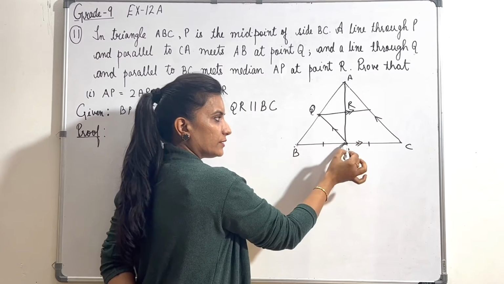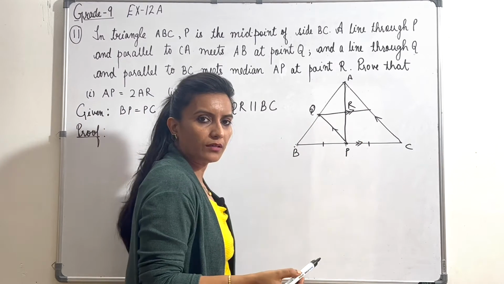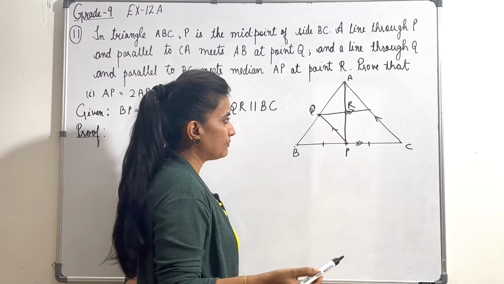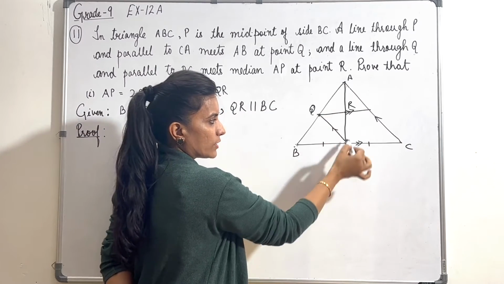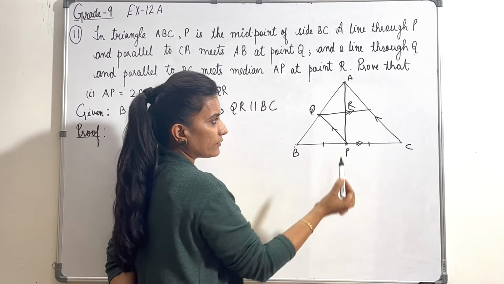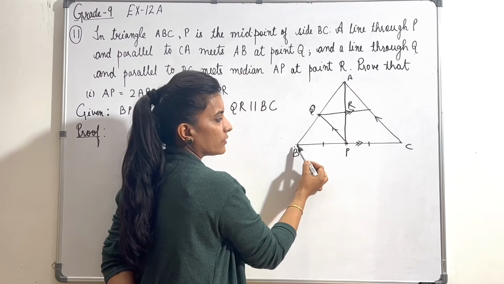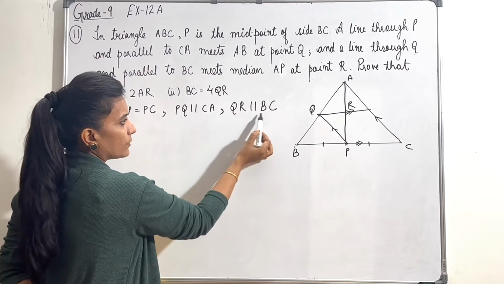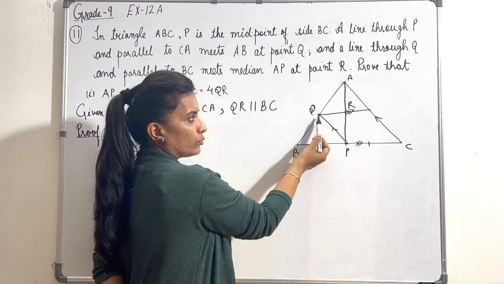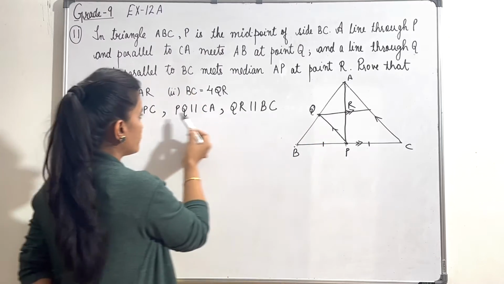Now in this triangle, can you use midpoint theorem or converse? See what information is given in this triangle. I know only one thing, that QR is parallel to BP. That's all.